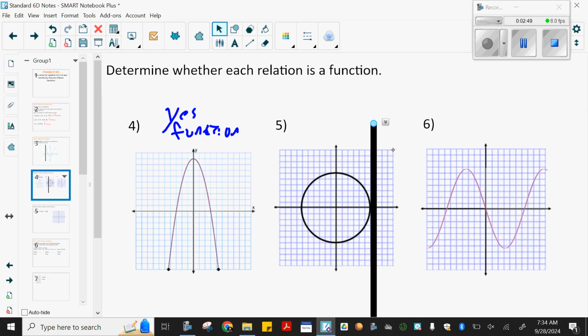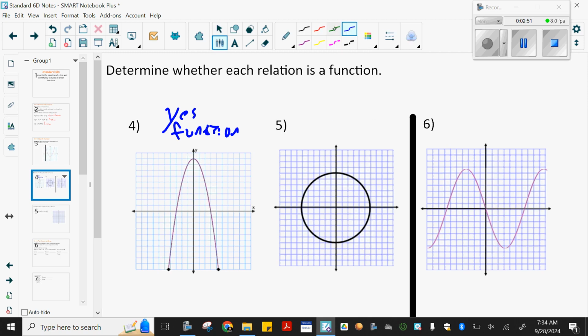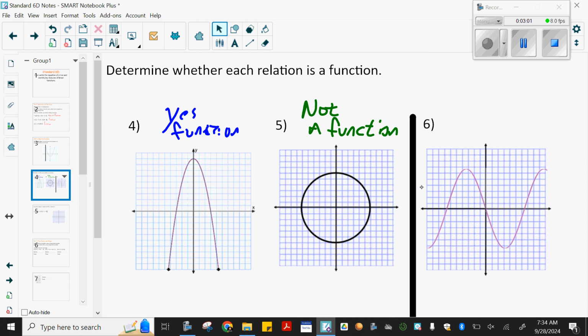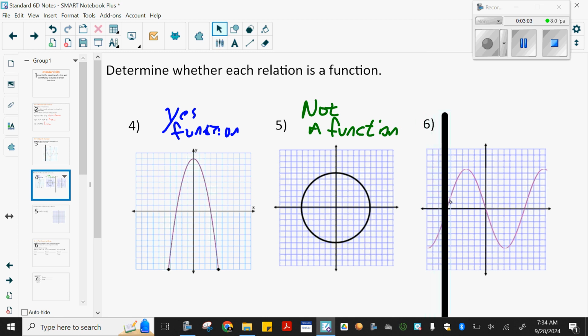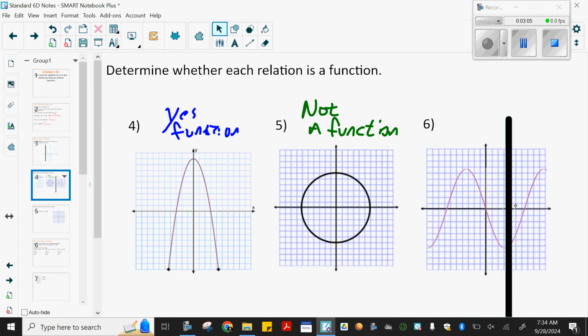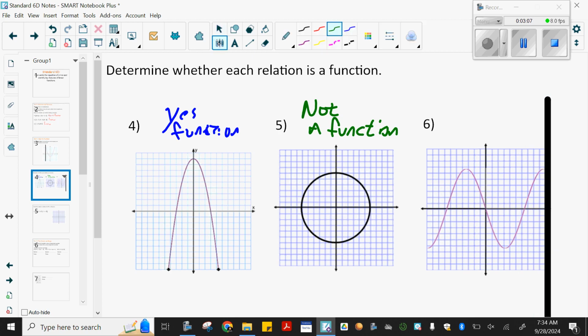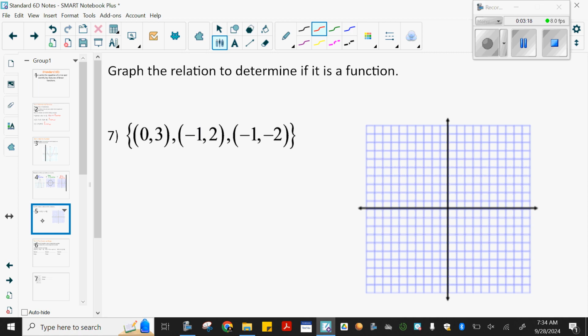So we would say no, not a function. We do it again. We'll follow that purple line, look, one spot, one spot, one spot, one spot, one spot. So that would also be yes, function. Easy peasy. We're going to come back to these graphs in a second.